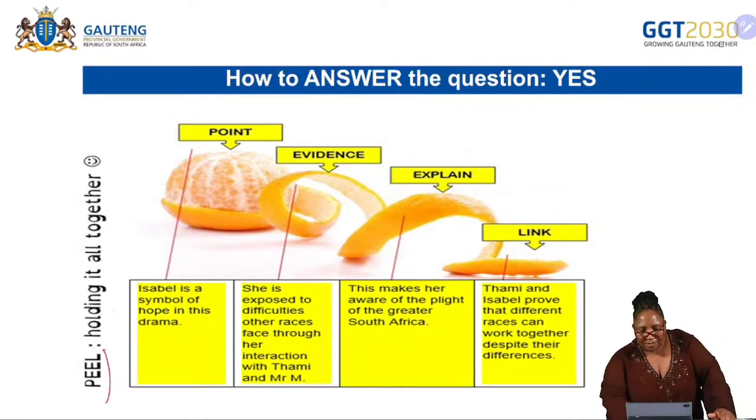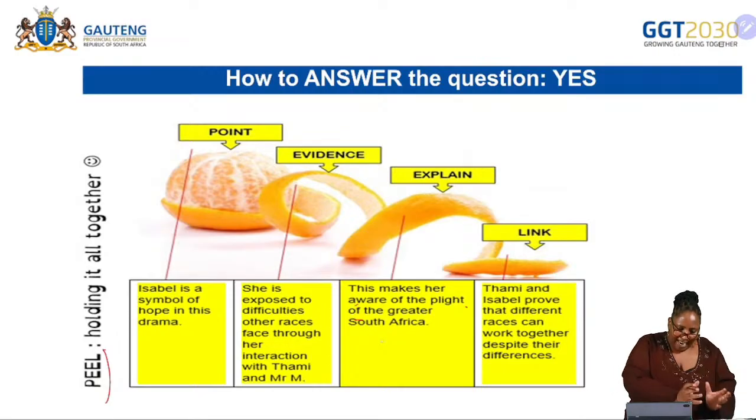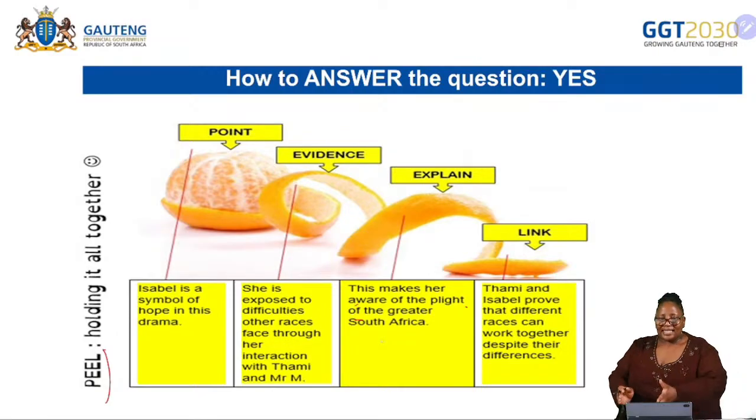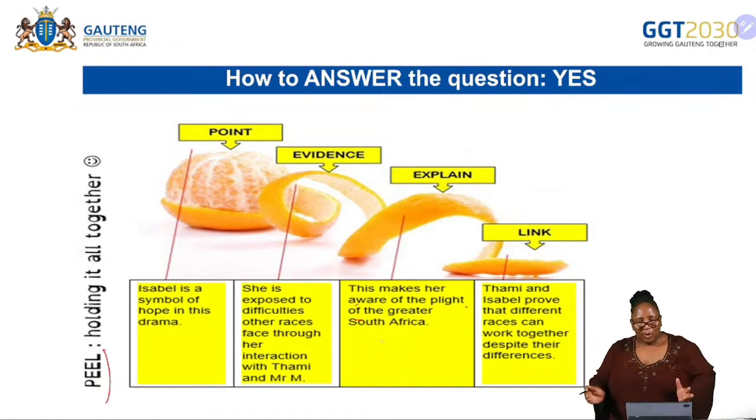Okay? This, how are you going to explain that? This makes her aware of the plight of the greater South Africa. Remember, she was only confined to her home in Kamdebo, but by meeting Thami and Mr. M, what happens?